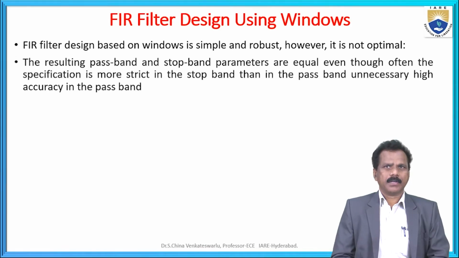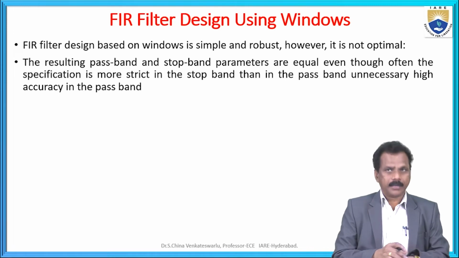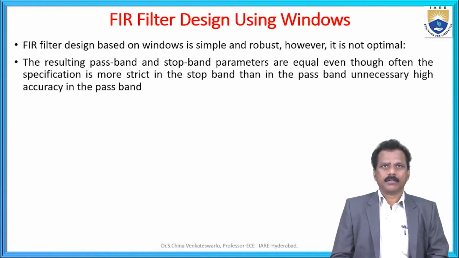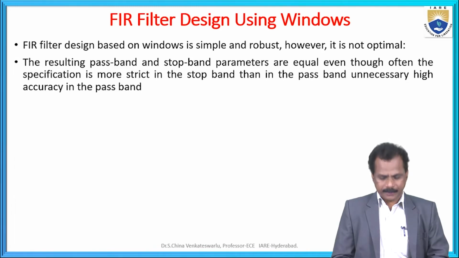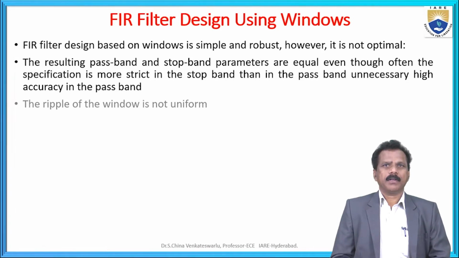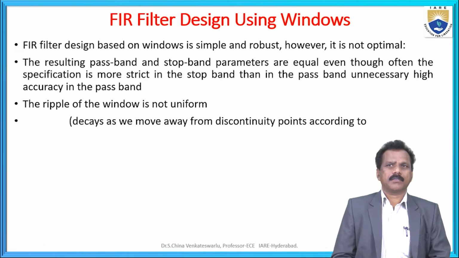The resulting passband and stopband parameters are equal, even though often the specification is more strict in the stopband than the passband. This gives unnecessary accuracy in the passband. Next, the ripple of the window is not uniform. It decays as we move away from the discontinuity points according to the side lobe pattern of the window.